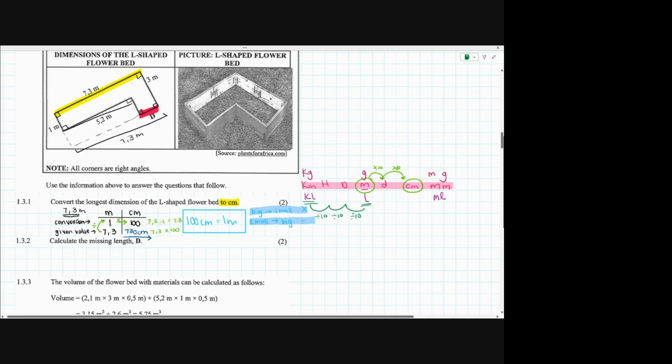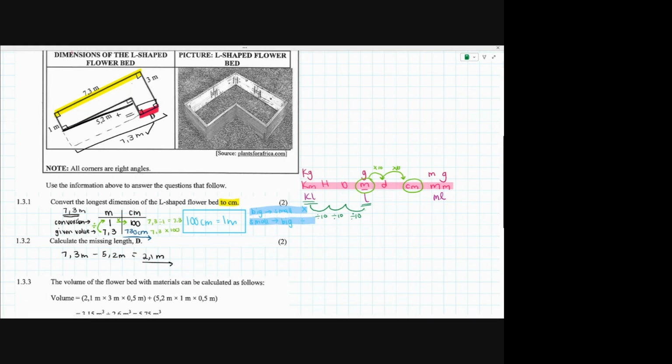I already have 5,2 meters of that 7,3. So to get this missing little bit here, I would just need to figure out, well, what do I still need to add to 5,2 meters to get 7,3 meters? And to do that, we just subtract. So 7,3 minus 5,2 meters is equal to 2,1 meters. And that's it.